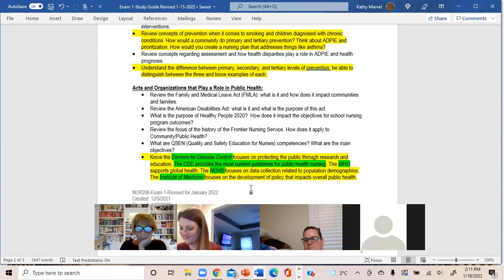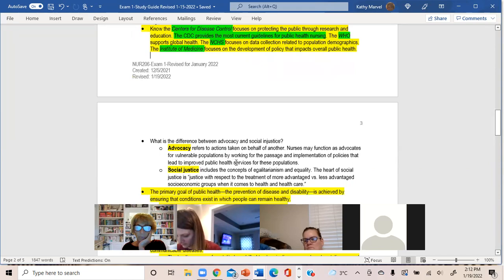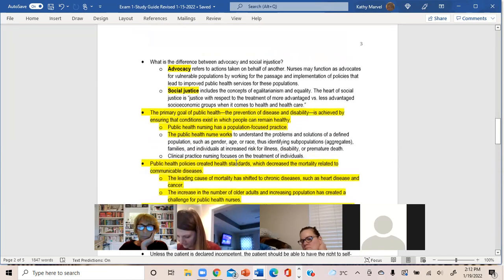I don't know. Like if you say, a global vaccine effort around the world. Well, obviously that would be the WHO because that's the only international program here. CDC is federal and NCHS is federal and the Institutes of Medicine are federal.